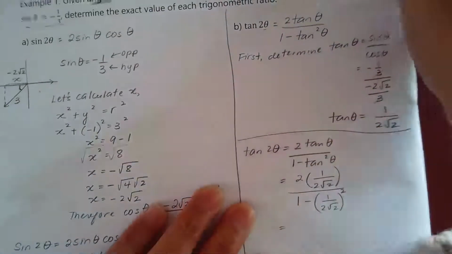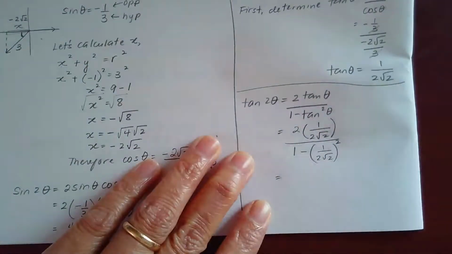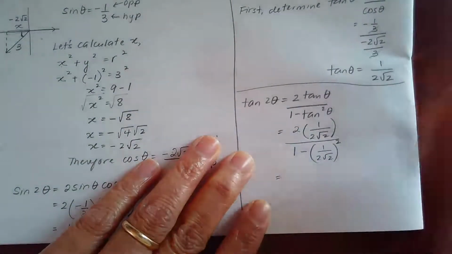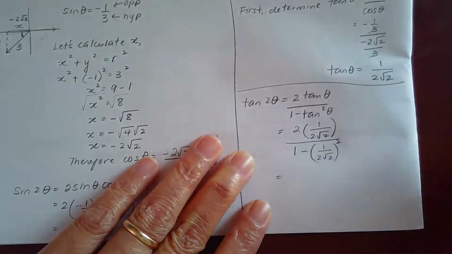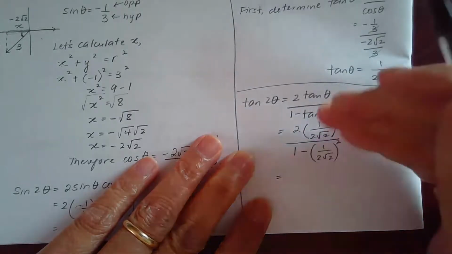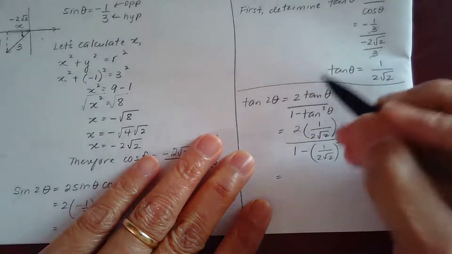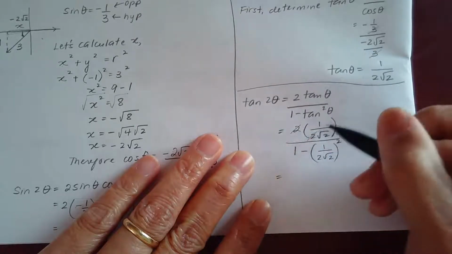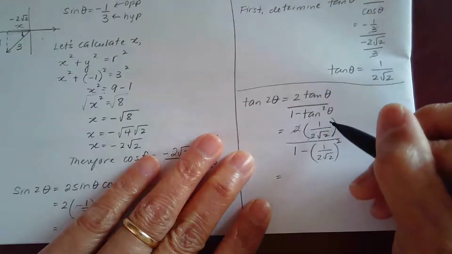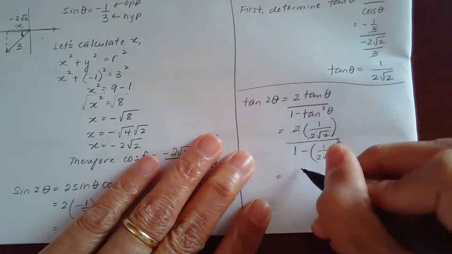Okay. Now it looks like a complicated fraction again. Let's simplify the numerator. Simplify the denominator first. We're not going to try to do everything at once. So simplify the numerator. The 2 in the numerator here, cancel that one. So this numerator will be just 1 divided by root of 2.